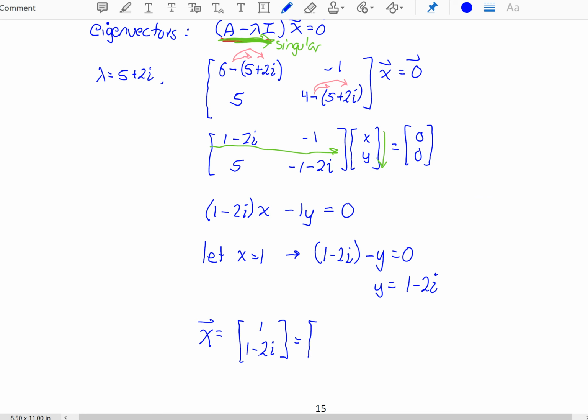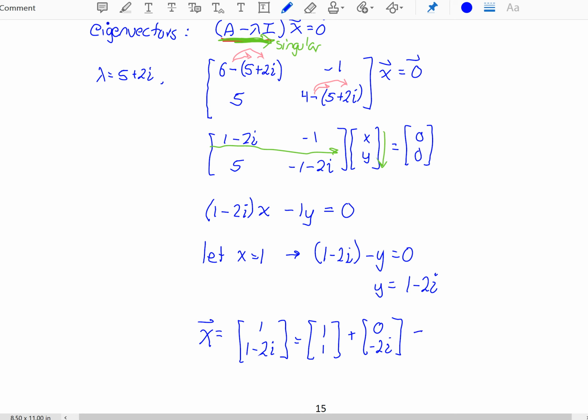The real component will be 1 and 1. And then the imaginary component is going to be 0 and negative 2i. Notice if you add these two vectors together, you're back at the same as the original.